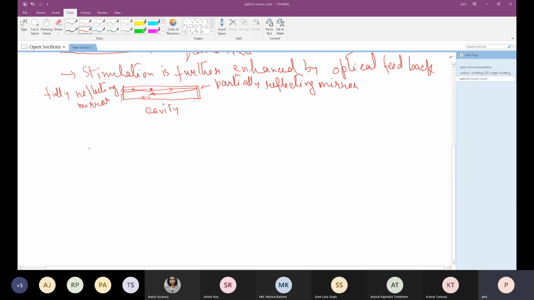Now, in case of semiconductor lasers, of course, this is replaced by effective inversion.